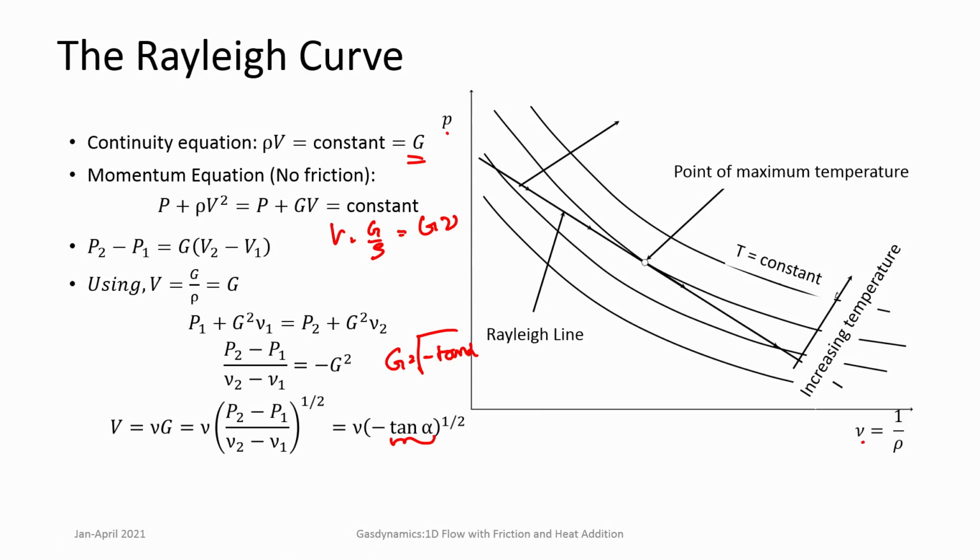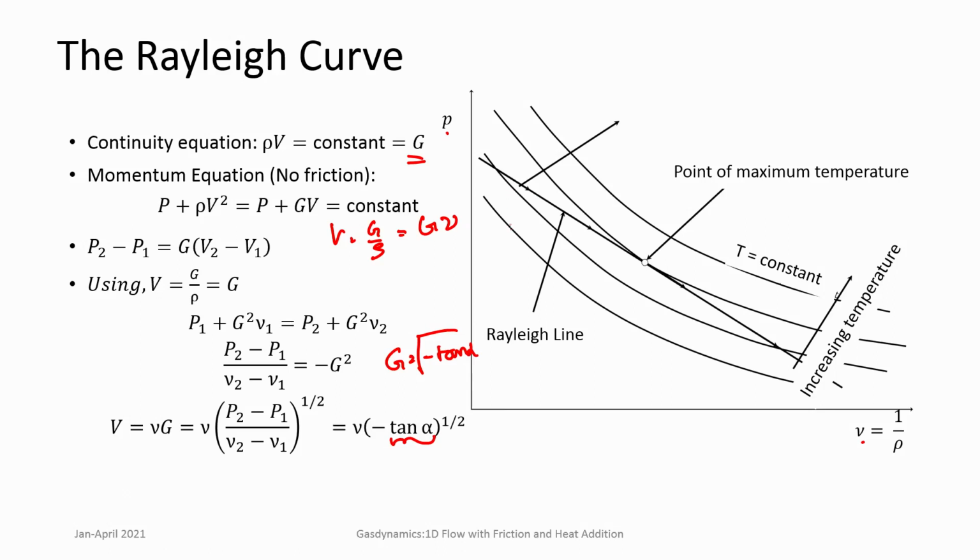The Rayleigh line is described by looking at the continuity equation and the momentum equation. Okay. And in the PV diagram they are straight lines. Okay.